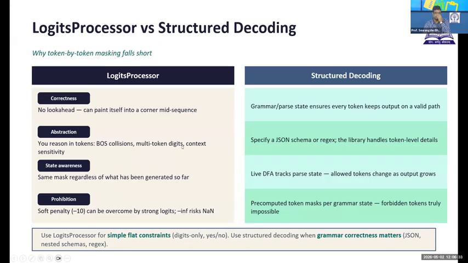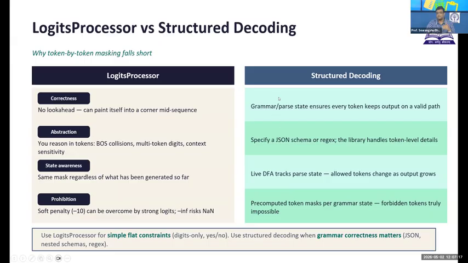How do you know which tokens are preferred? That logic is also somewhat difficult sometimes to provide. Again, it has a bit of state awareness because you can see the generated string till now, but you have to implement the logic of state awareness in that call function. And how do you prohibit? Of course, you can do some sort of soft penalty, but doing a hard penalty is generally not recommended.